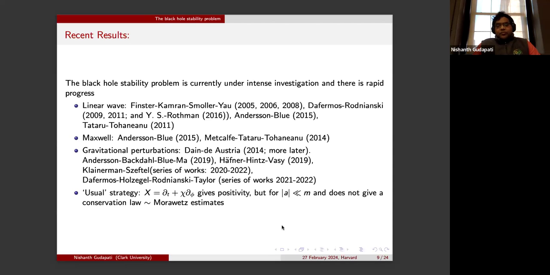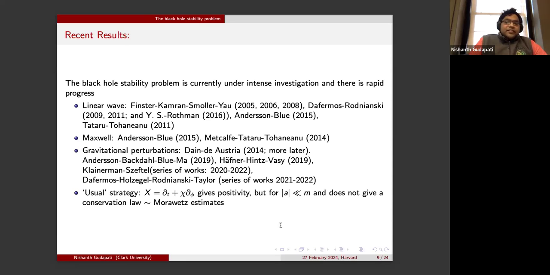It becomes even more tricky to prove the boundedness in time. But nevertheless, there are some very interesting and impressive results that showed that the linear wave equation can be understood even in rapidly rotating but sub-extremal black holes.